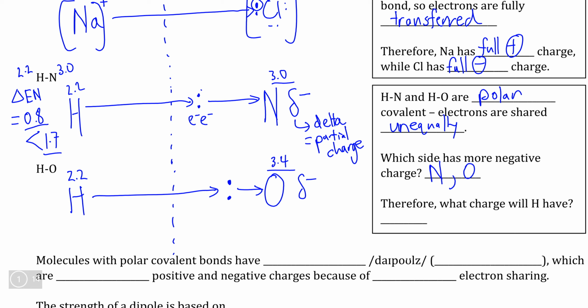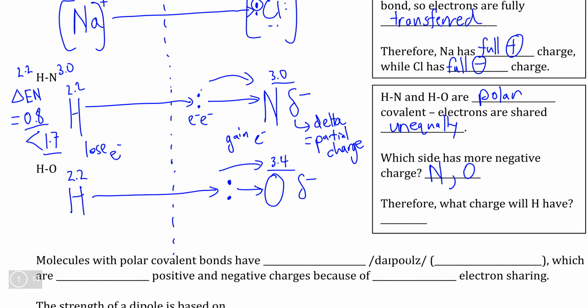Now, what about hydrogen? What's going on with hydrogen? If nitrogen and oxygen are pulling the electrons away from hydrogen, we can say that both nitrogen and oxygen are gaining electrons, even if it's not enough to be an ionic bond. But that must mean, because the electrons are moving away from hydrogen, that hydrogen must be losing electrons.